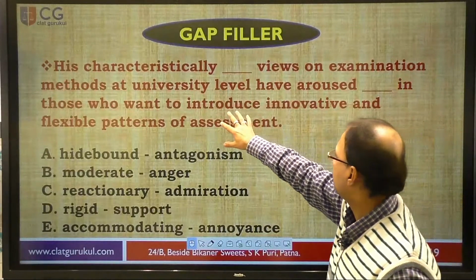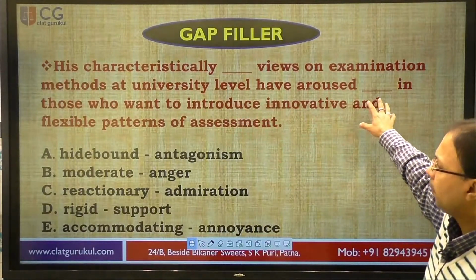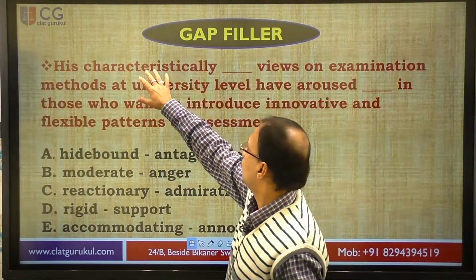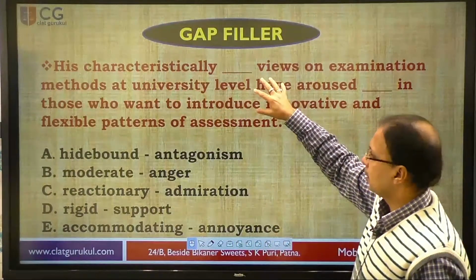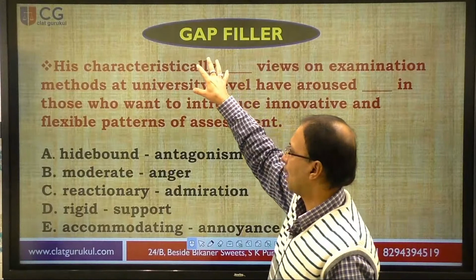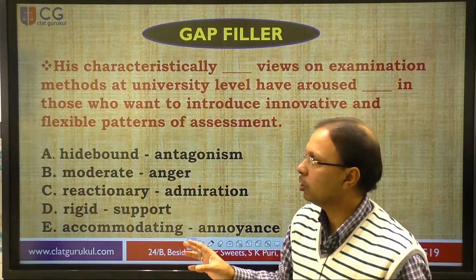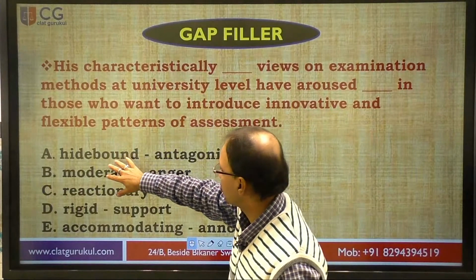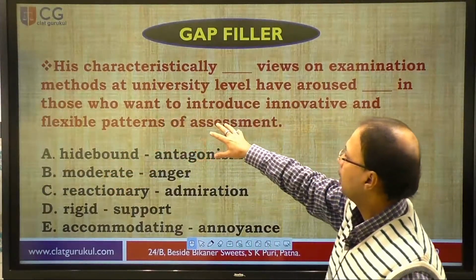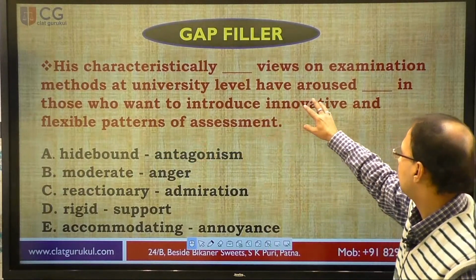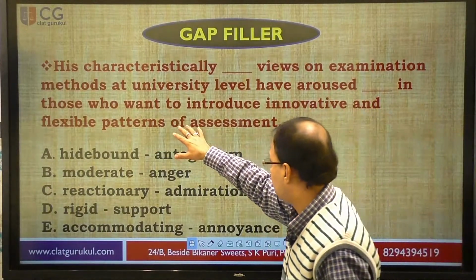There is a group of people who want to introduce innovative and flexible patterns of assessment, but he is the only one who is opposing that. It means that his view is actually rigid by nature. He is rigid, he is a dogmatic character, and his views are hidebound. That's why he is not fitting with those people who want to introduce innovative and flexible patterns of assessment.